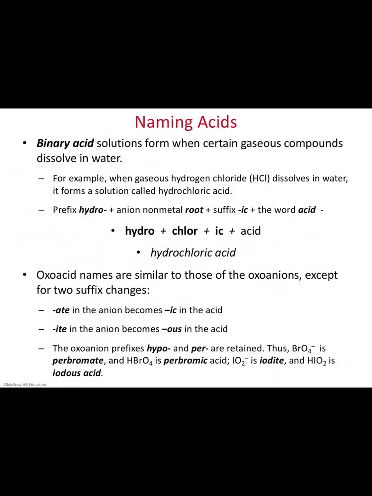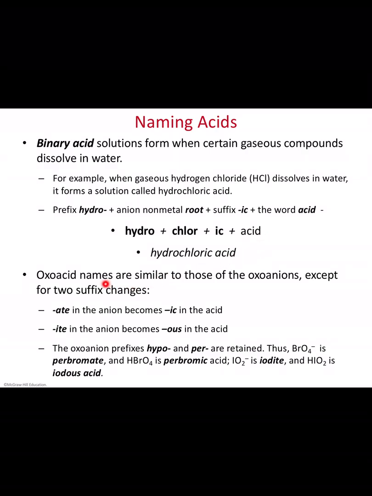The same thing is written here. Binary acid solutions form when certain gaseous compounds dissolve in water. For example, when gaseous hydrogen chloride dissolves in water, it forms a solution called hydrochloric acid. Notice we put the hydro part for the binary acid: prefix hydro, nonmetal root, suffix ic, and the word acid.